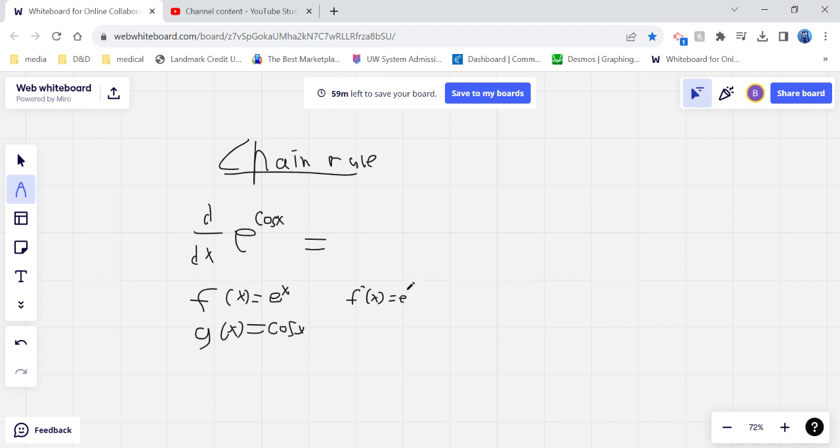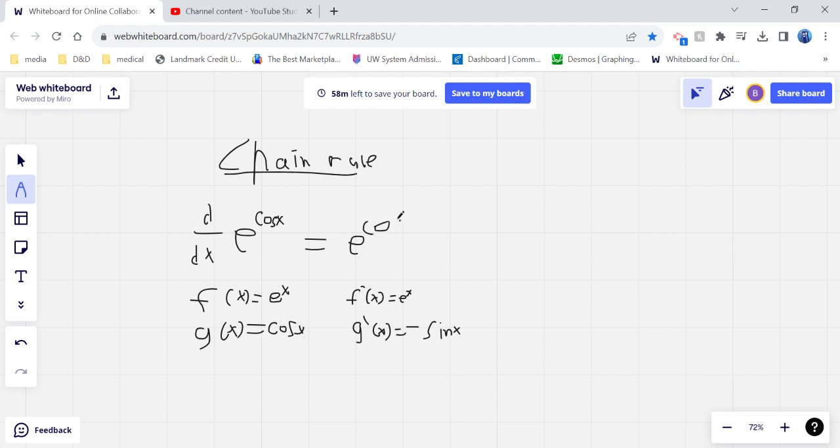So f prime of x would be e to the x, and g prime of x would actually equal negative sine x, right? So remember, when we have a composite function like this, we use chain rule, and that is the derivative of the outside, leave the inside alone, take the derivative of the inside, multiply and go. So we take f prime of x, which is e to the x, and we keep that inner function left intact.